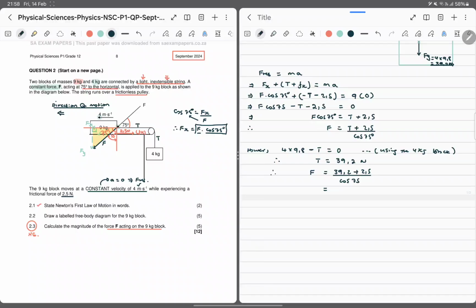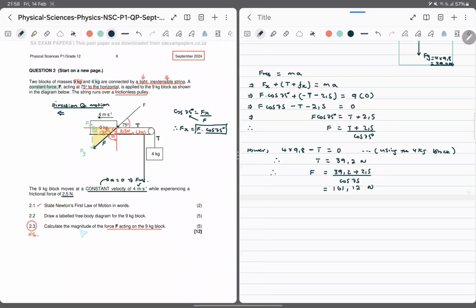So 39,2 plus 2,5 divided by cos of 75 is 161,12 to 2 decimal places newtons.